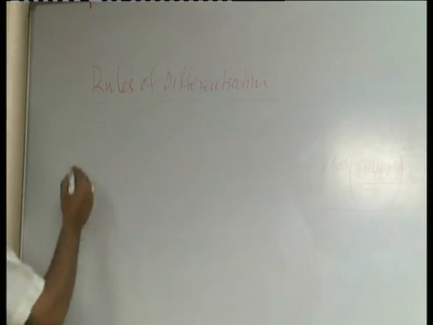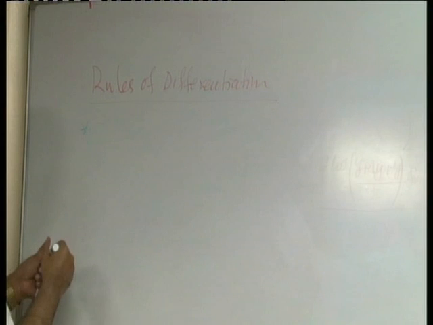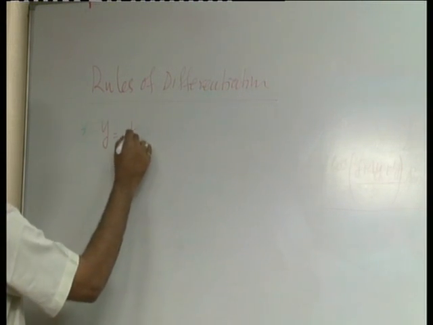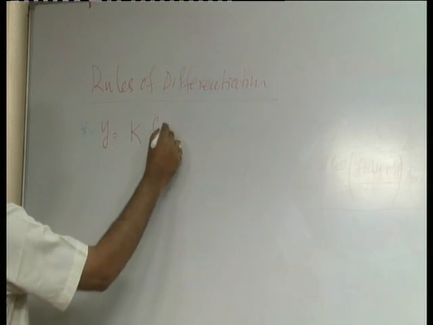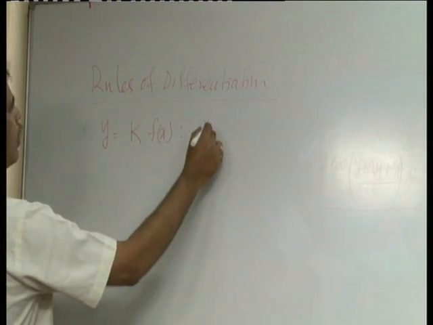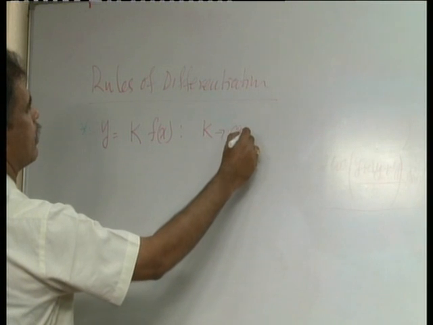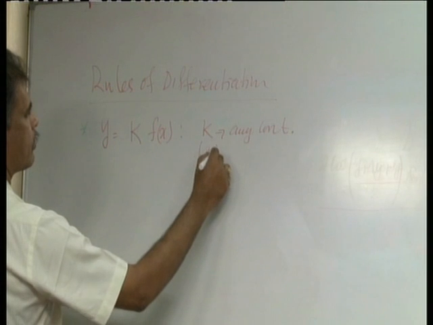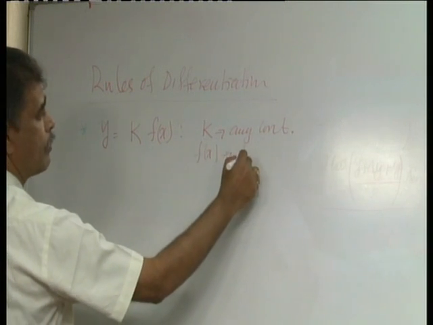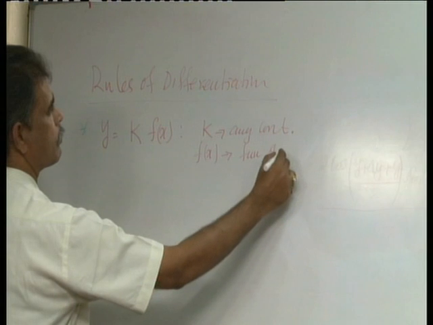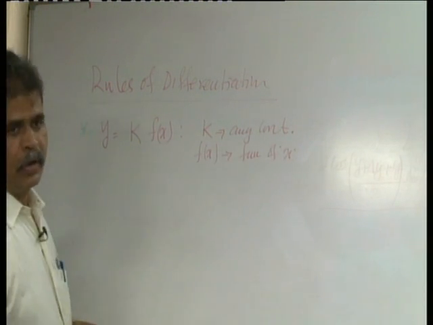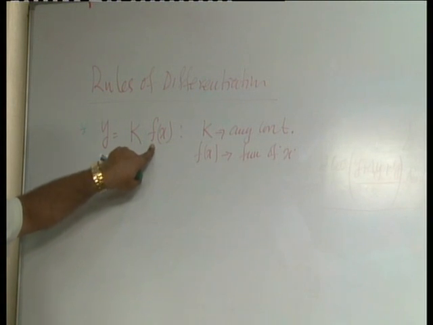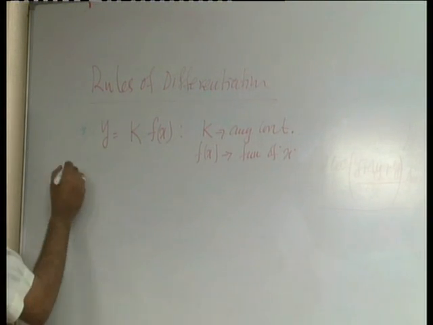Let us take the first one, y is equal to k into f of x. What is k? K is any constant. F of x is a function of x.